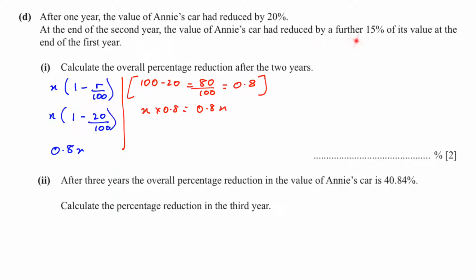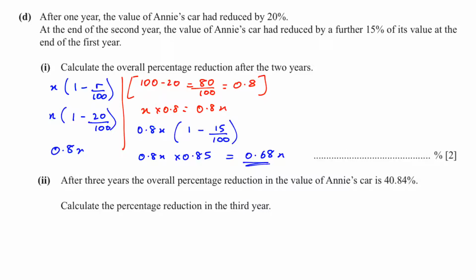Again, you can use this method or this method. If I'm using this, 0.8x multiplied by 1 minus 15 over 100, I will get 0.8x times 0.85, which will give us 0.68x.